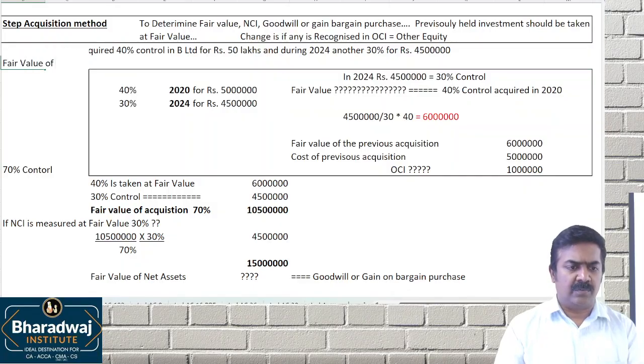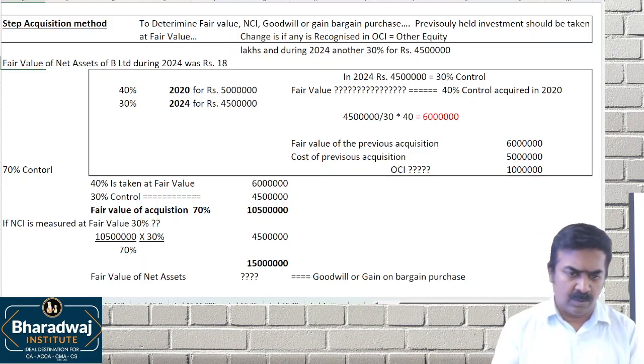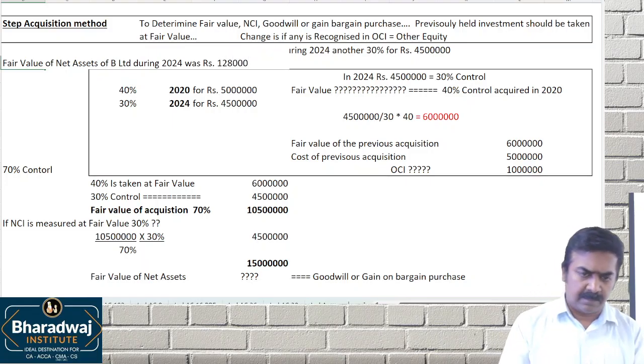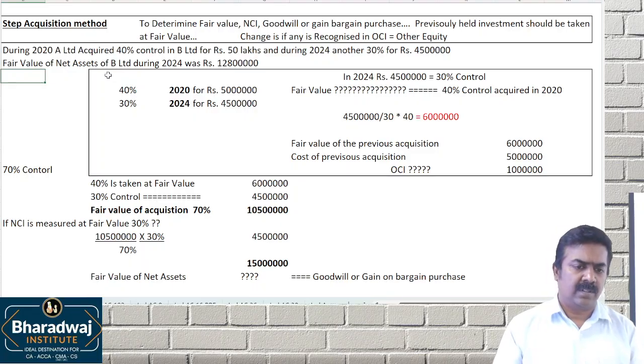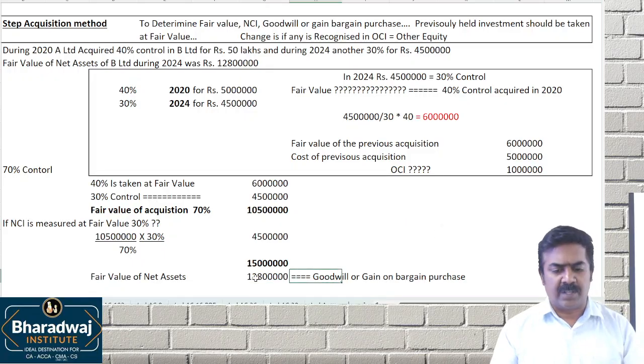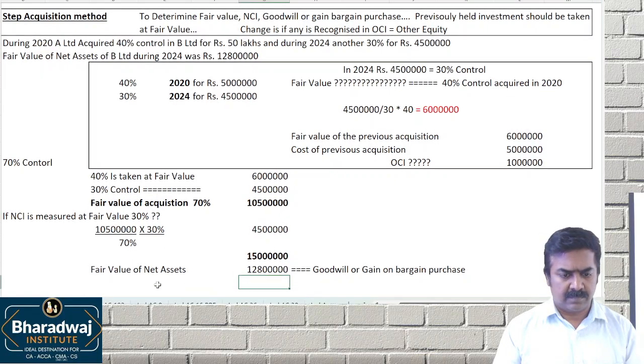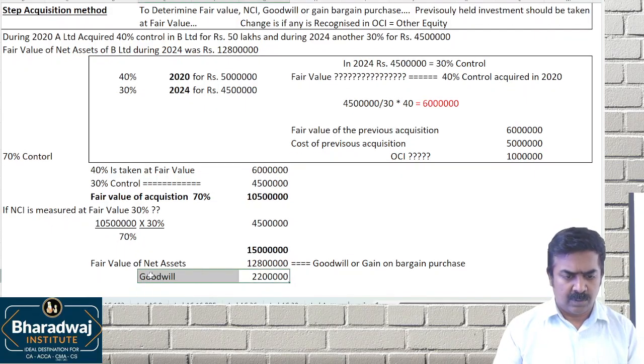Fair value of net assets of B Limited during 2024 was rupees 1 crore 28 lakhs. Difference will be taken as goodwill. What is the goodwill? 22 lakhs.